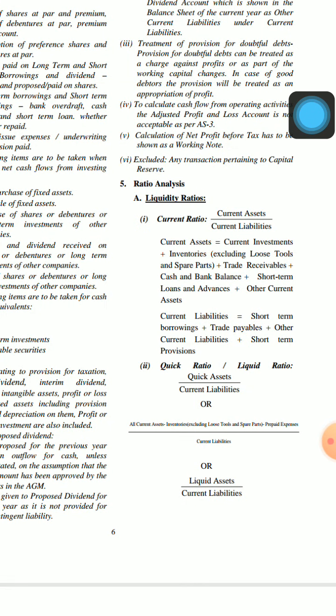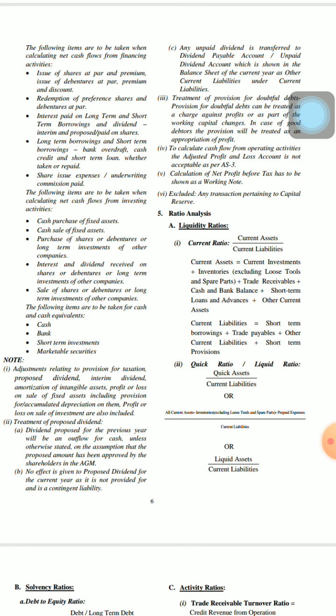So at first there are four types of ratio which suggest different aspects of the financial position of a company. Like the first one is liquidity ratio.